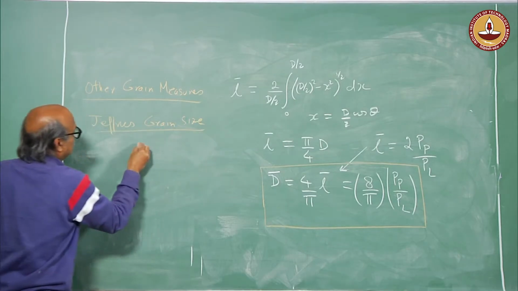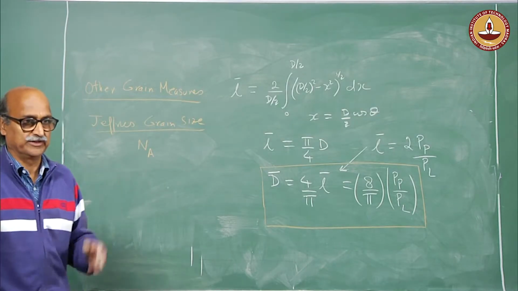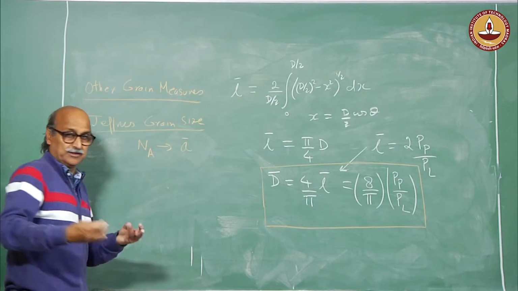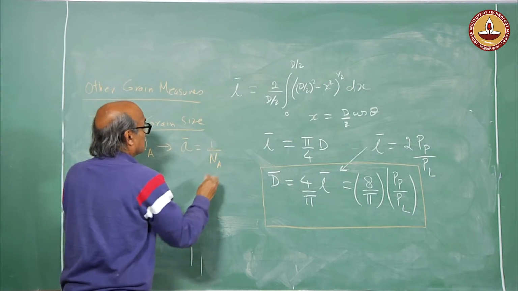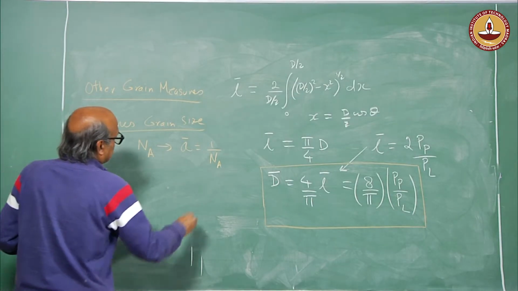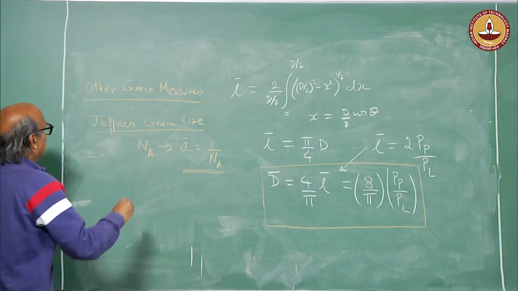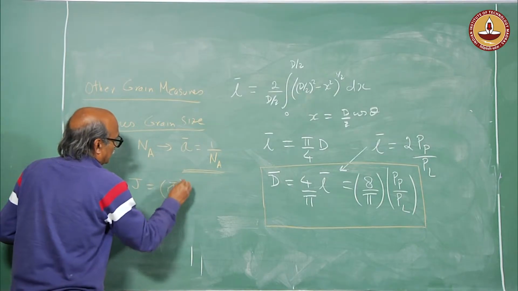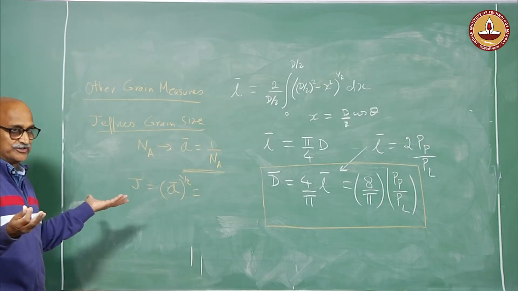In Jeffreys grain size, you measure NA, number of grains per unit area. This would give me an average grain area to be simply the reciprocal. I am talking about a single phase polycrystalline structure where there are space filling grains. Then the average grain area would simply be the reciprocal of this. And Jeffreys grain size simply tells me that you take the square root of this average area as a grain size measure. Okay.